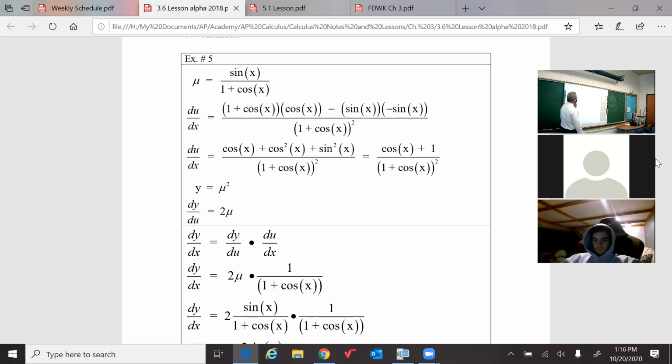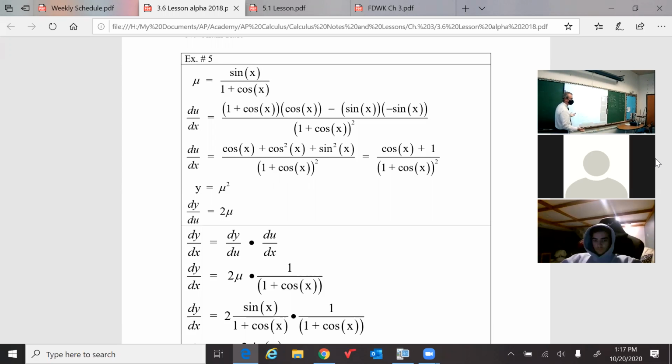Subtract the numerator times the derivative of the denominator, which would be 0. The derivative of cosine is negative sine. So now what happens? This is just a sine. Cosine squared plus sine squared is the Pythagorean identity. It's just a 1. So you have cosine plus 1, which is 1 plus cosine, divided by 1 plus cosine squared.